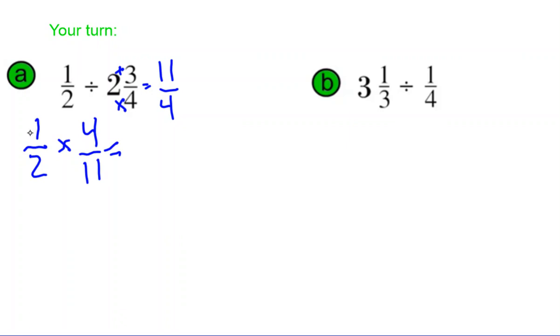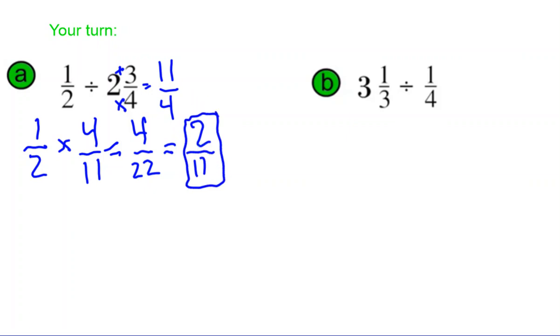And now we multiply straight across, and we have 4/22. If we simplify that, divide by 2, we would get 2/11. Hopefully you remembered this part to take the inverse of 11/4.